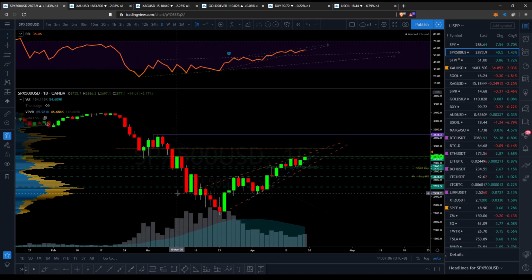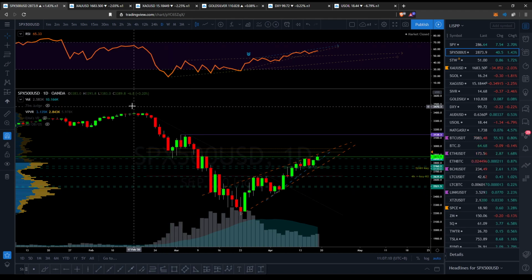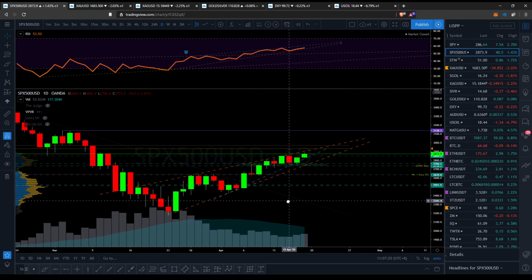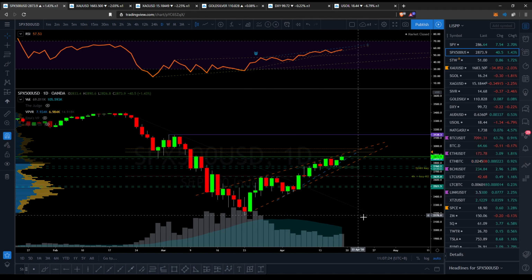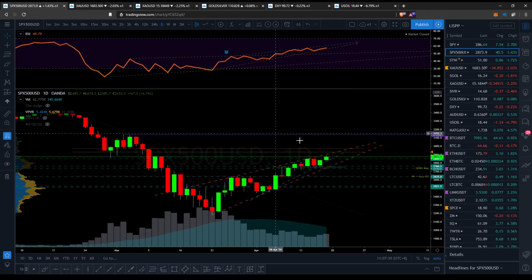So you can see the drawings come on here, and the main thing to see here is that we are in this orange rising wedge, right? Orange rising wedge here, and we have pumped. I have done a fib retracement from the all-time high to the bottom of the dump, and we are just about to reach this golden pocket here.